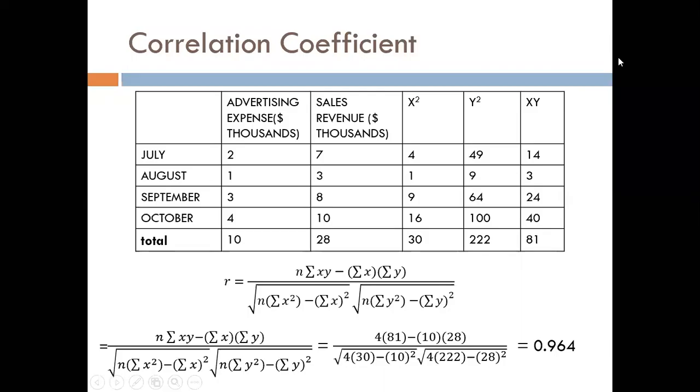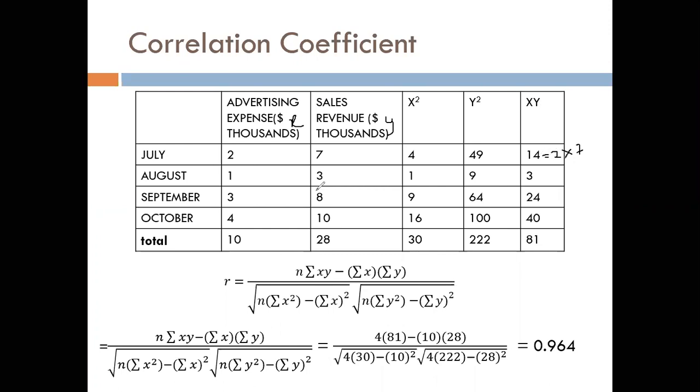Now moving on. In the solution to the problem, the formula requires that we have a component which is summation xy. xy means you multiply the data observation for your predictor by the observation for the dependent. So xy here is going to be 2 times 7, which gives us 14, which we are seeing here.